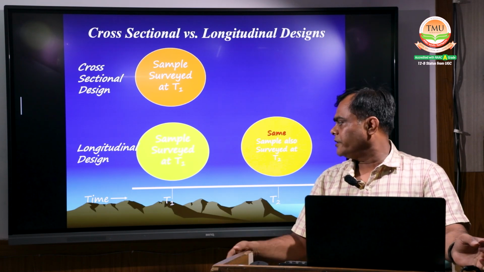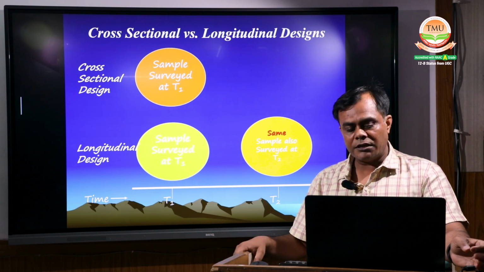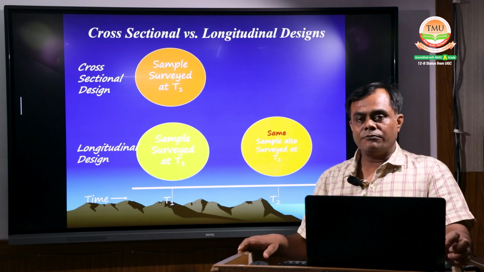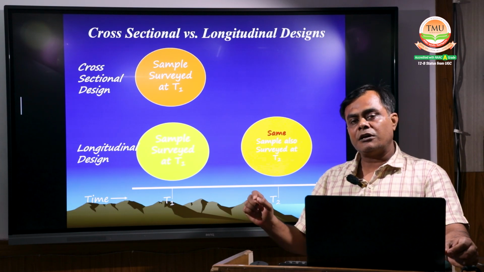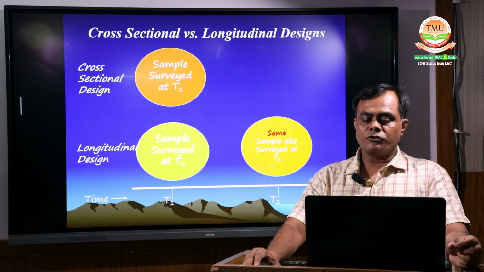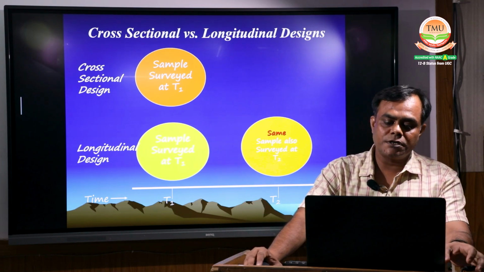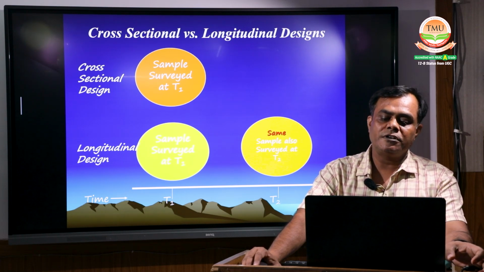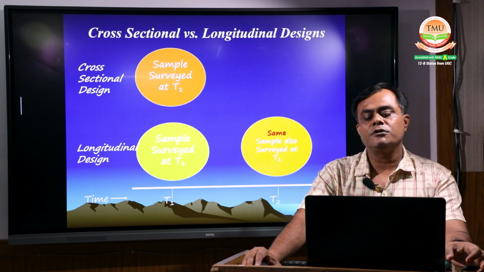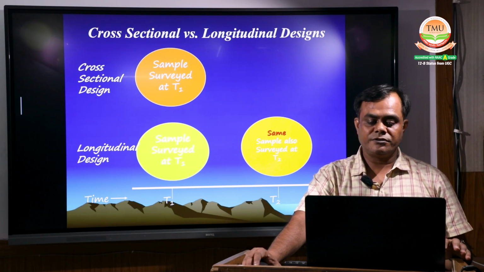For example, we can take childhood as T1 and adulthood as T2, and look at the changes between T1 and T2 on the same data frame. Sociological studies examine how social, economic or environmental factors influence individual lives.